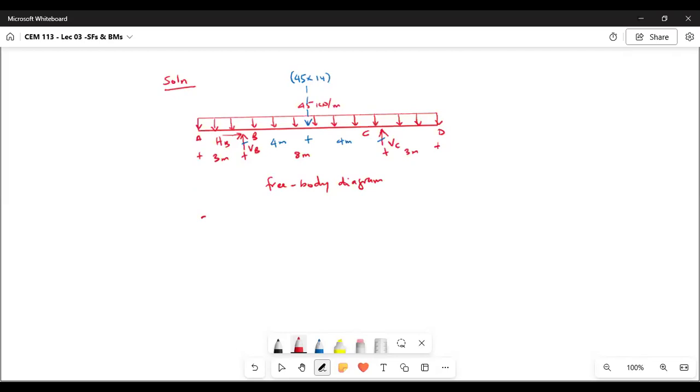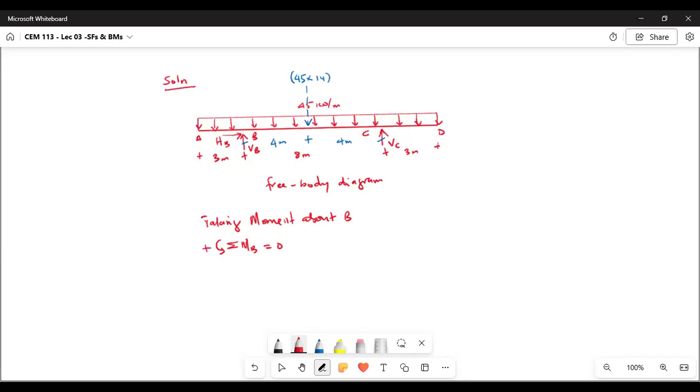So taking moment about B, that's what the reaction is. So sum of moment about B is equal to 0.